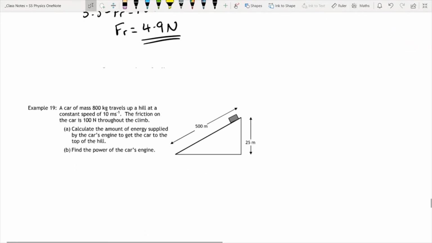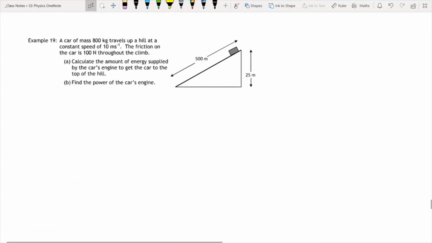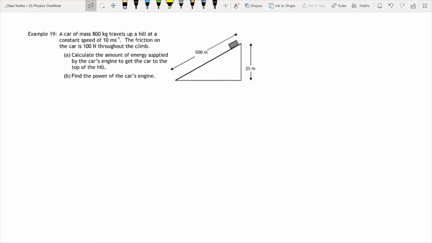Right, example 19. A car of mass 800 kilograms travels up a hill at a constant speed of 10 meters per second. The friction on the car is 100 newtons throughout the climb. First of all, calculate the amount of energy supplied by the car's engine to get the car to the top of the hill.